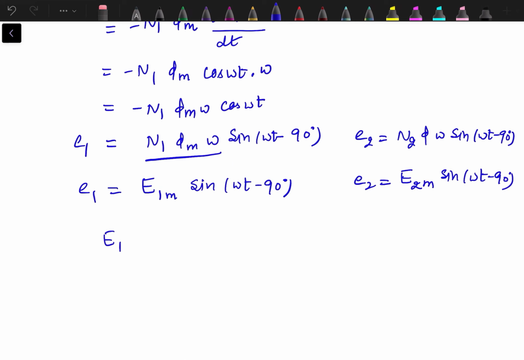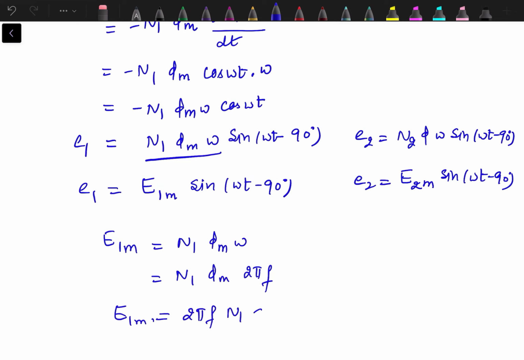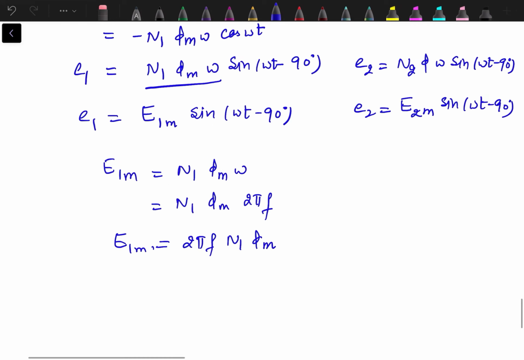So we can write E1 max as N1 phi m omega, N1 phi m 2 pi f. So E1 max is 2 pi f N1 phi m, and similarly E2 max is 2 pi f N2 phi max.